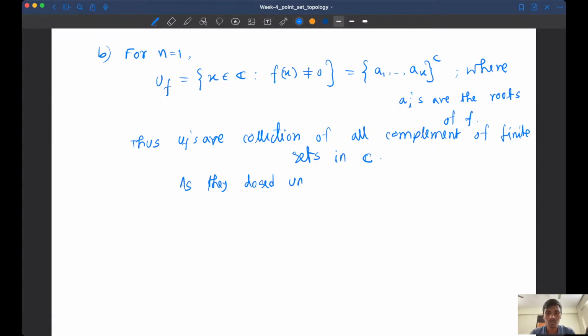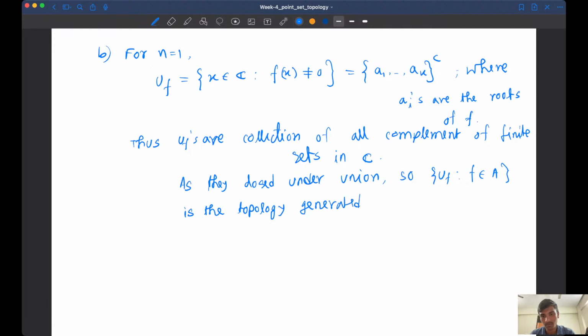So as they are closed under arbitrary union, the collection of UF for f belonging to A is the topology generated by itself. Hence it is the cofinite topology.